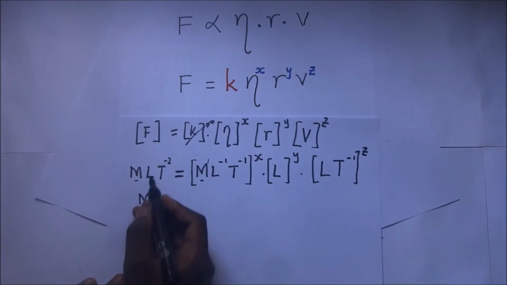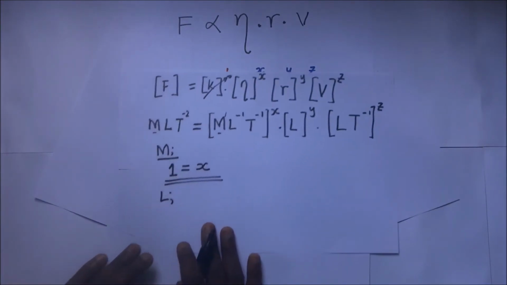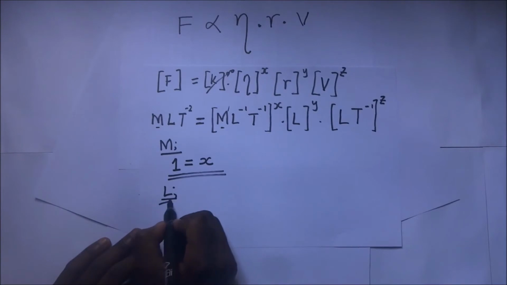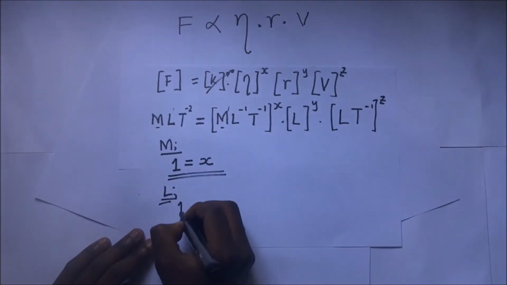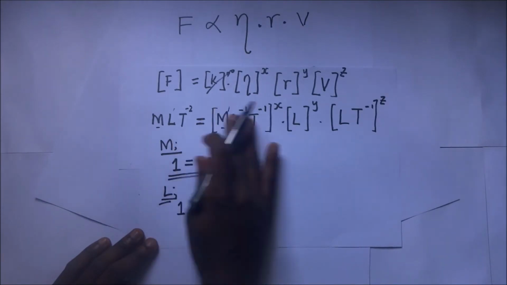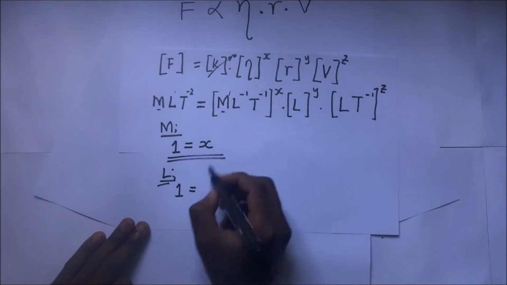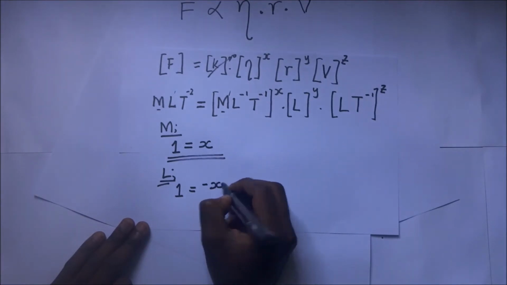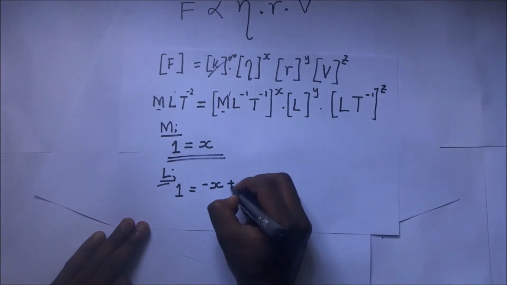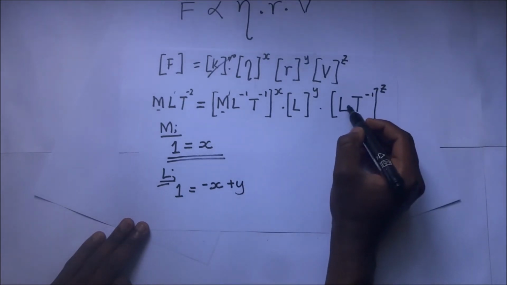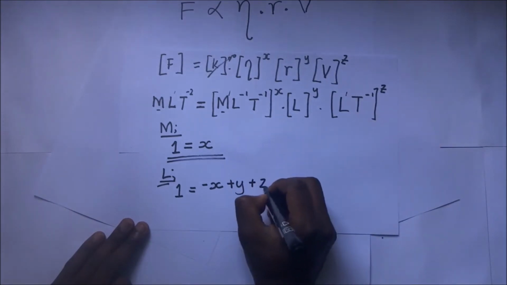That is for m. Then let's get to L. L on this side is to the power 1. So we have 1 equal to, on the other side, -1 times x, so -x. Then we have L to the power y, 1 times y is plus y. Then we have L to the power 1 times z, so plus z.